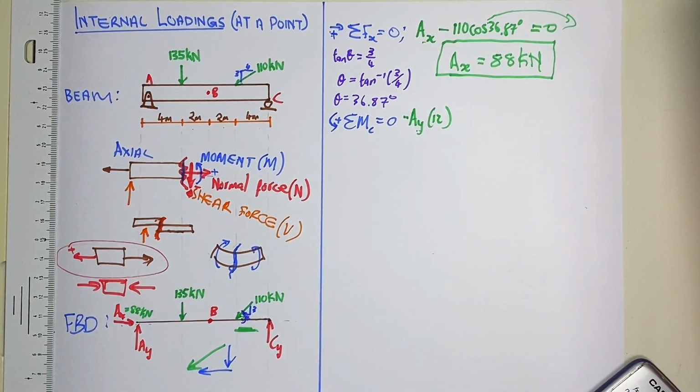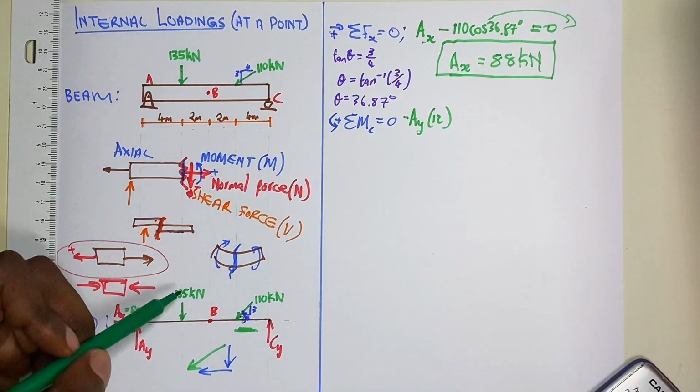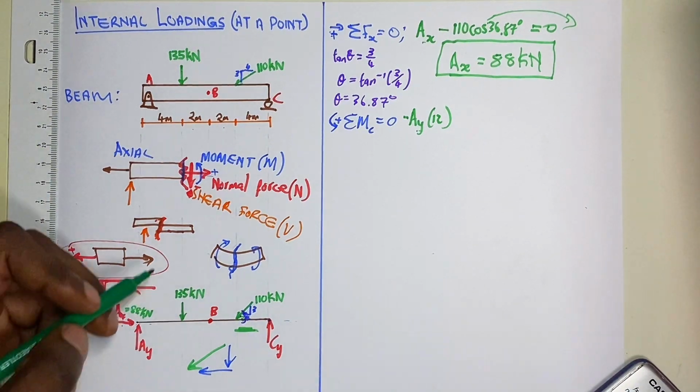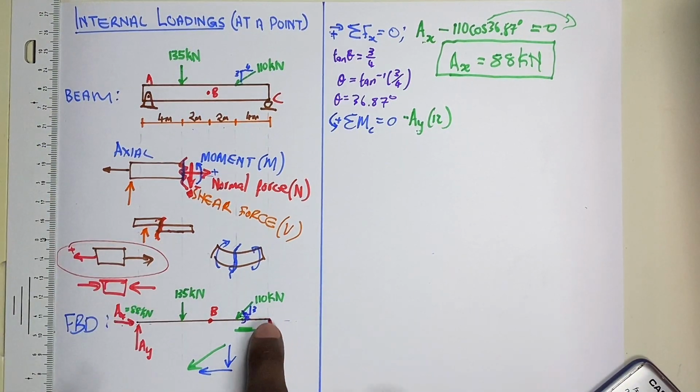Now, where else do we get a force that causes a moment? Our 135 force that is acting in the y-axis. If you are at C, again, let's visualize it.